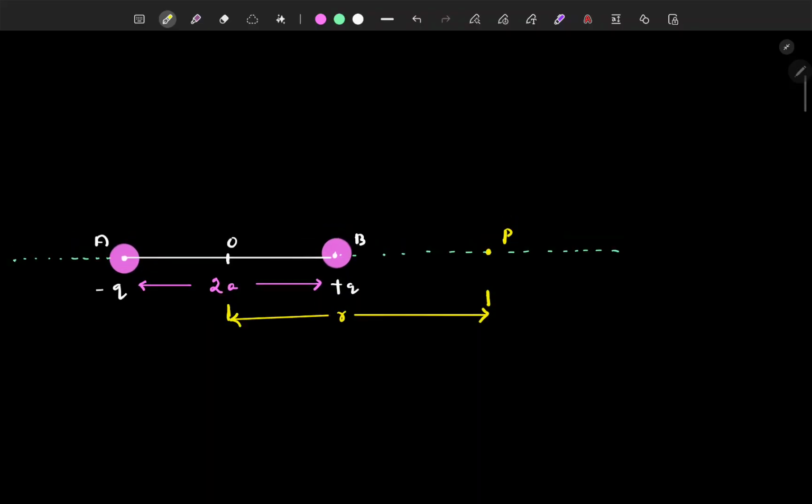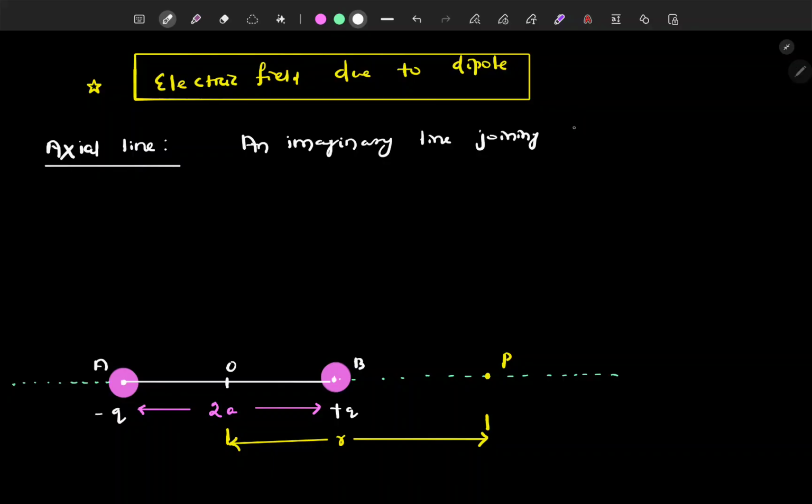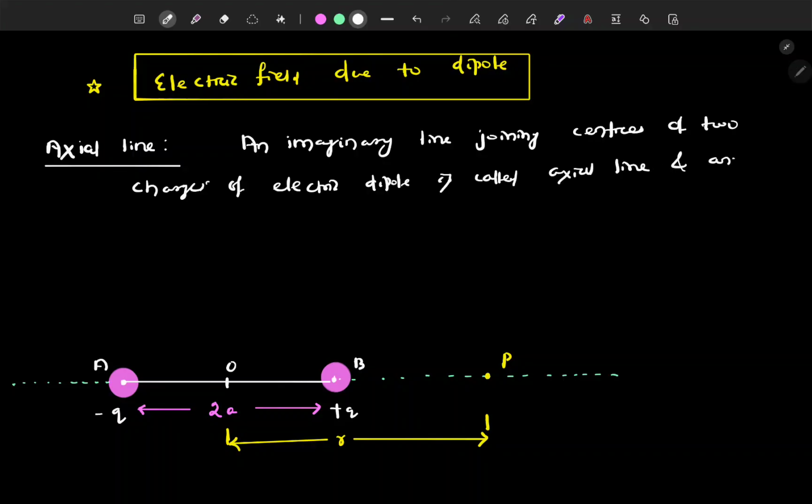So first we have to represent what is the axial line: an imaginary line joining the centers of the two charges of the electric dipole is called the axial line, and any point on the axial line on either side of the dipole is called an axial point position. It may be on the left side or right side.